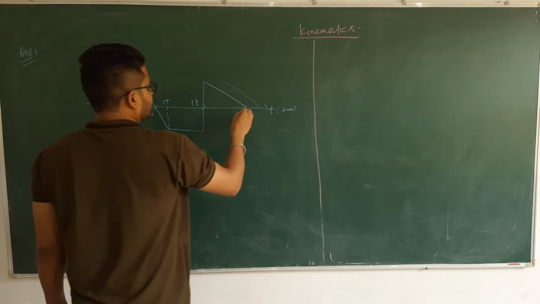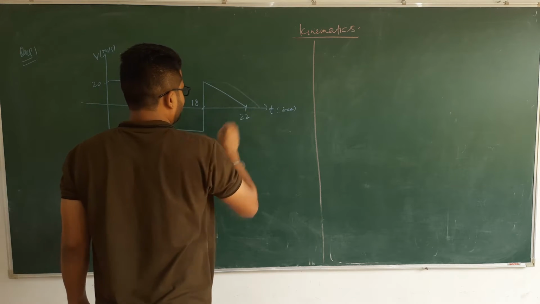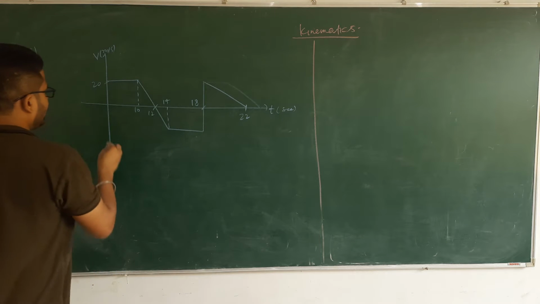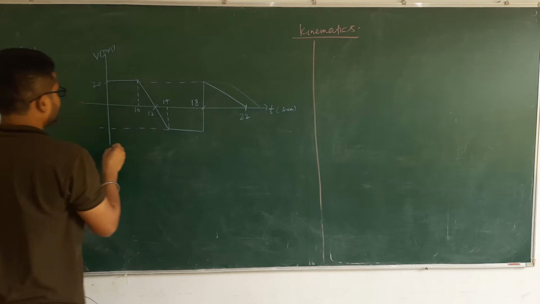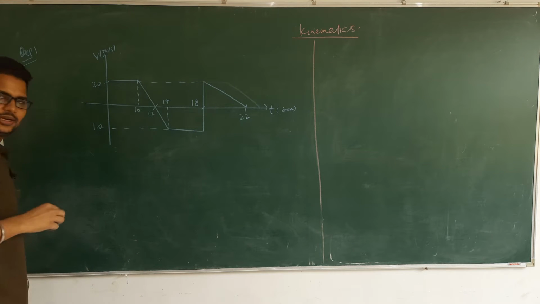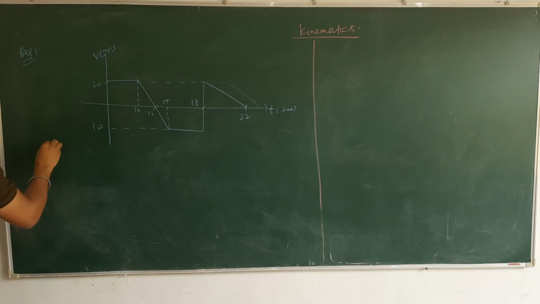Okay, and this one is 22. Okay, beta. And this one is 10.